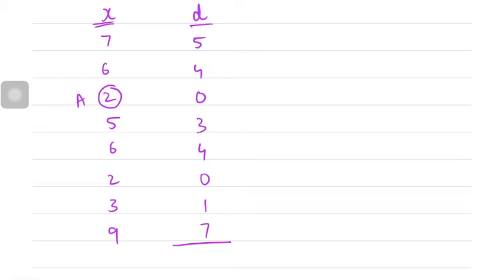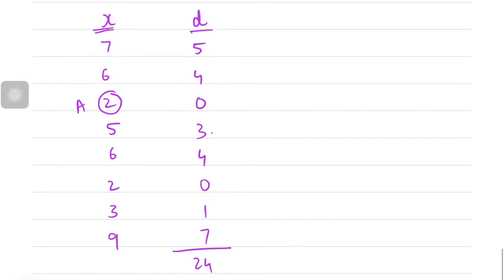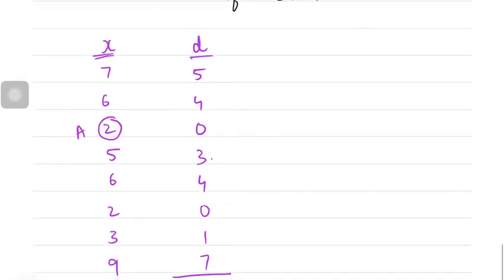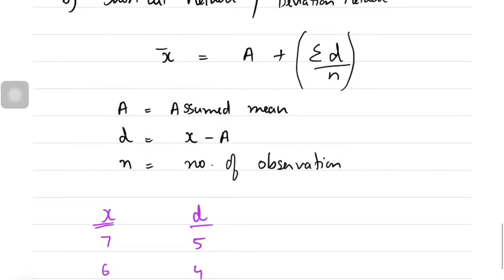Let's add this. 5 plus 4 plus 3 plus 4 plus 1 plus 7. 5 plus 4 is 9, then 10, 11, up to 24. This comes to 24. So my summation D total is 24.